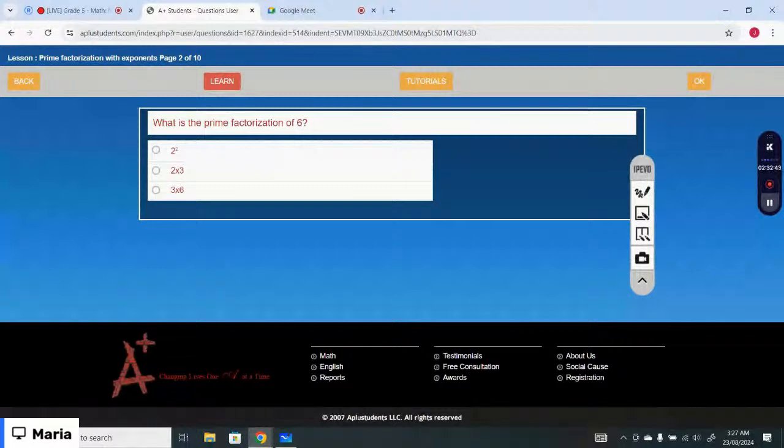That is 2 times 3 is 6. Option number 2 is the correct option.